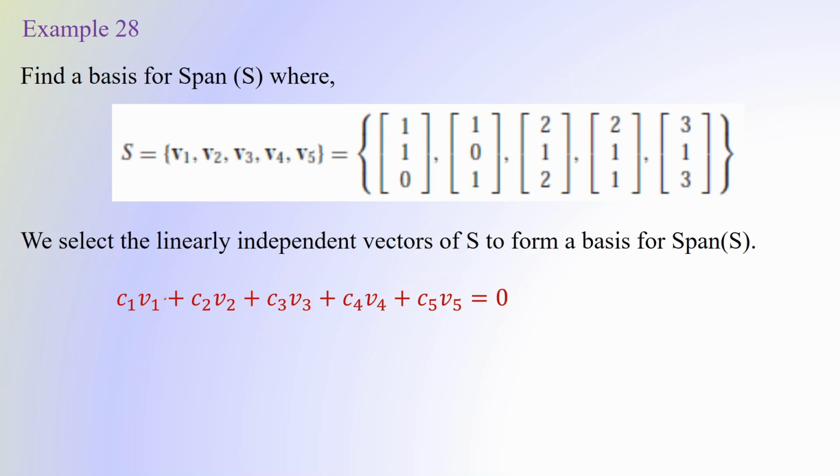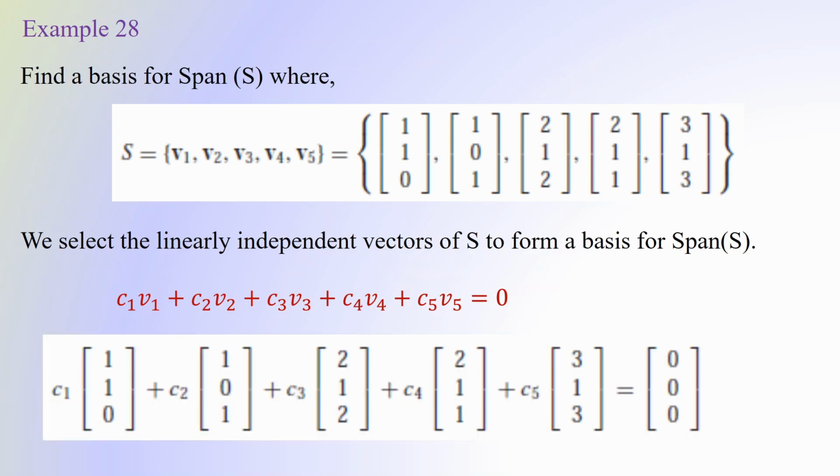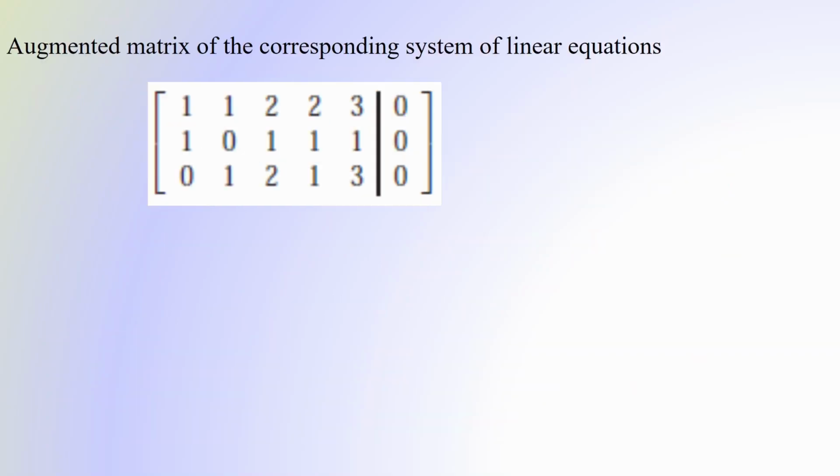From this relationship, we want to find a linearly independent set from V1, V2, V3, V4, V5. Substituting the vectors gives a system of linear equations.